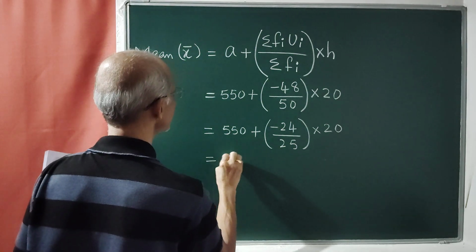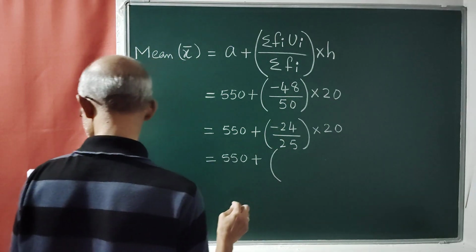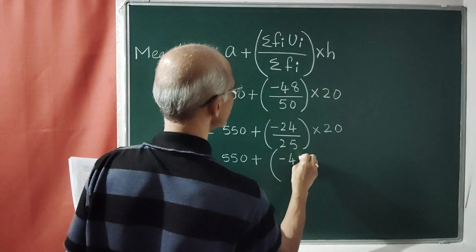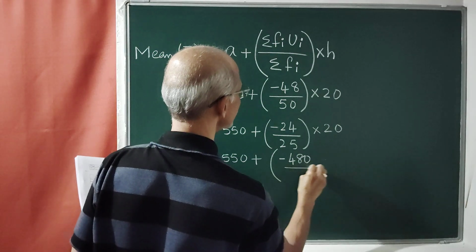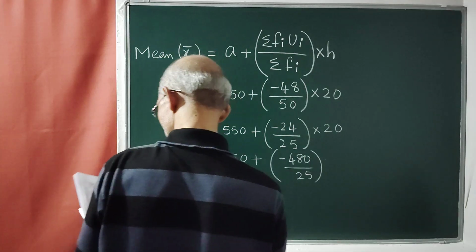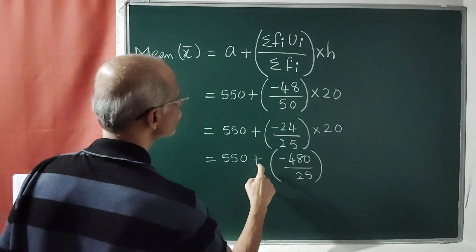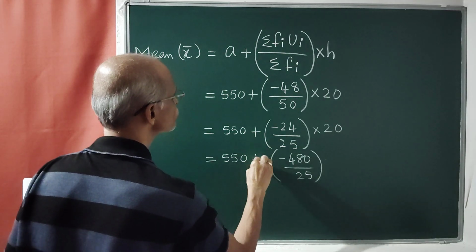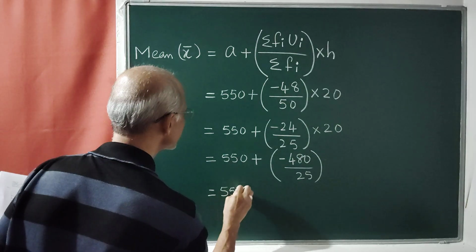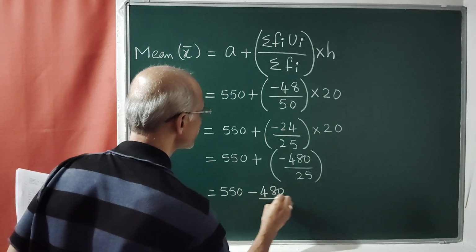That's equal to 550 plus minus 480 by 25. So if you open the bracket, the plus into minus is minus. So we'll get 550 minus 480 by 25.